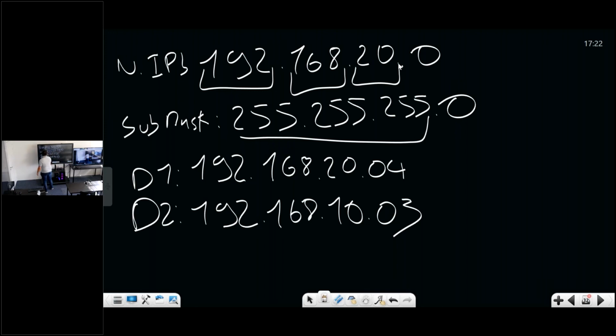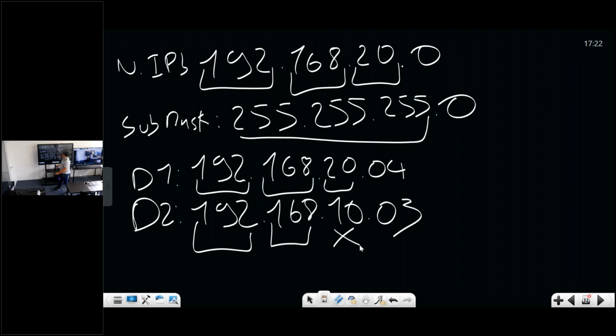I can find it in D1, so it's on this network, no problem. Now if I check this one, I got the first one, I got the second one. Oh, wrong, I don't have the third one. So this means they are not on the same network.